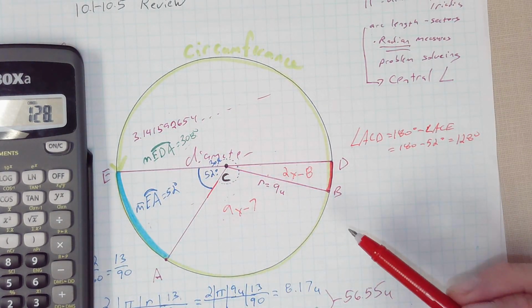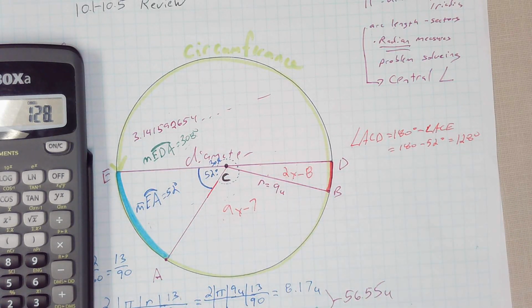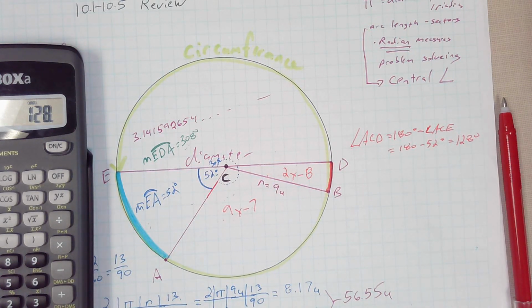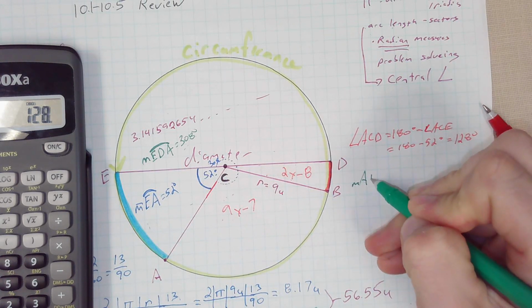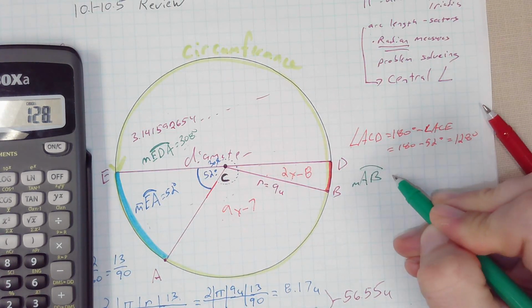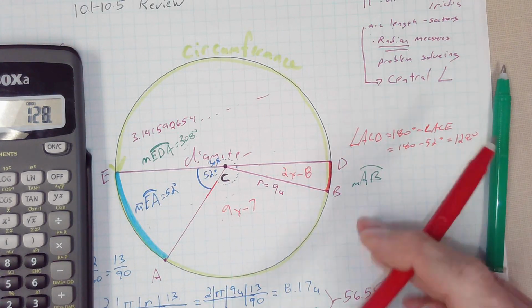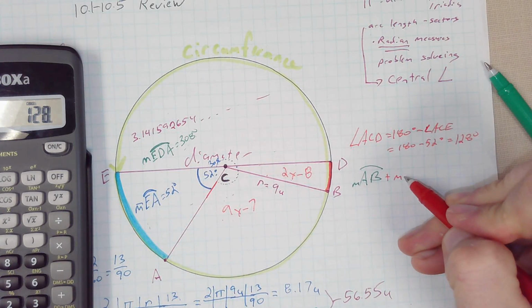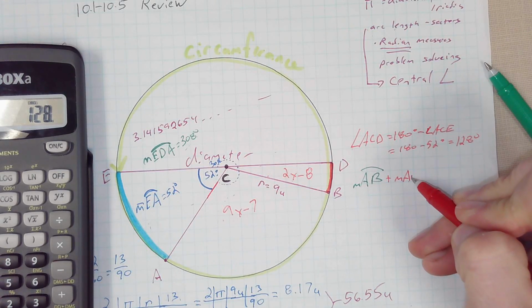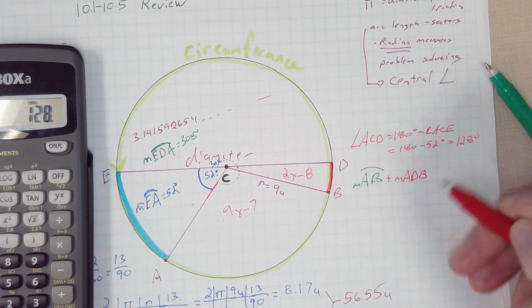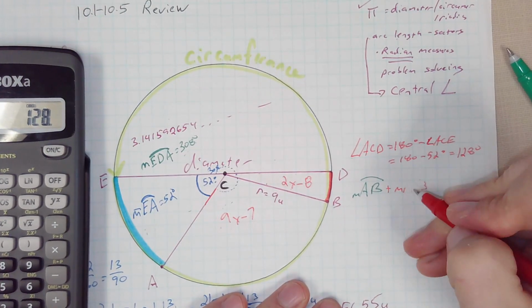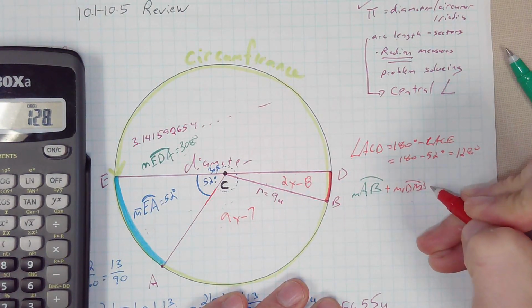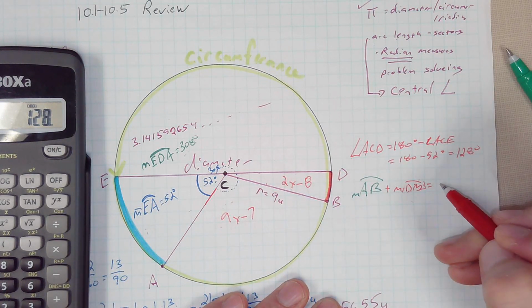Now we know that the measure of arc AB plus the measure of arc DB equals 128.